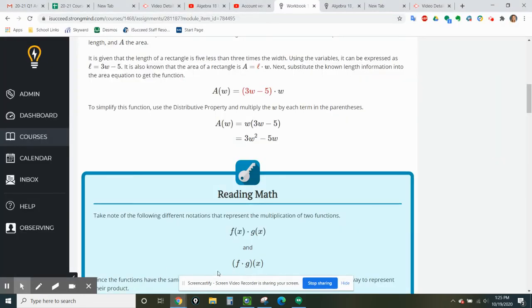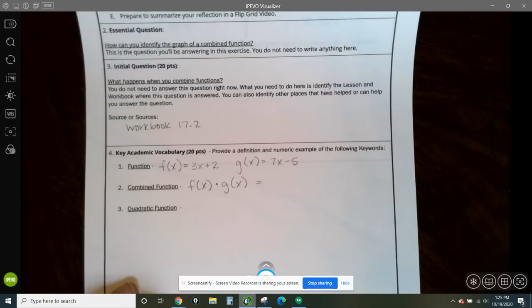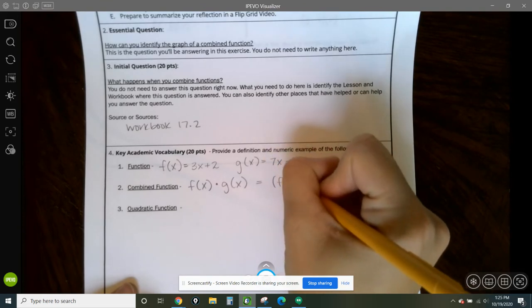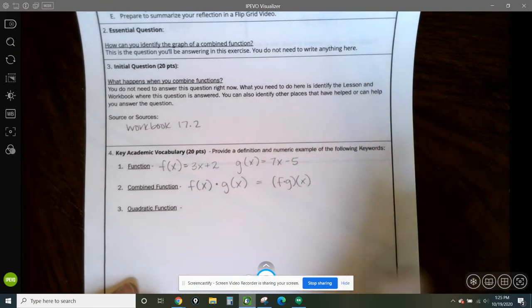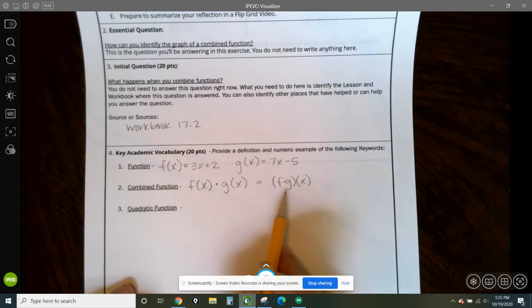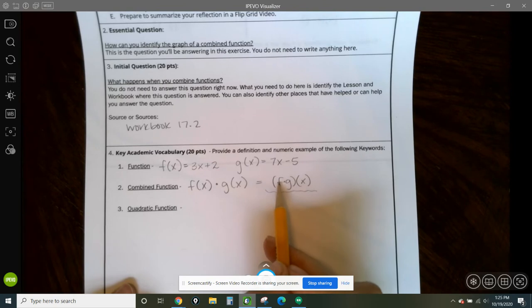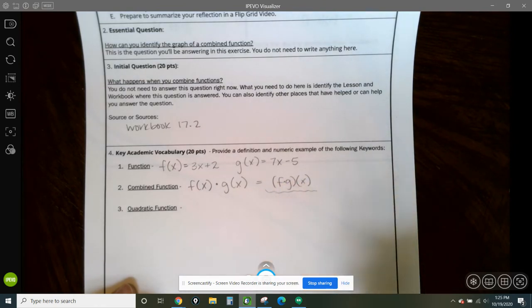We put the f times g in parentheses and then the x in parentheses, so it ends up looking like (f times g)(x). This is how we write a combined function. Whenever you see that, it means you're multiplying f of x and g of x together. So that's what a combined function looks like.